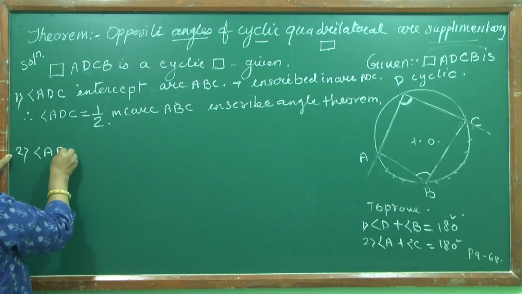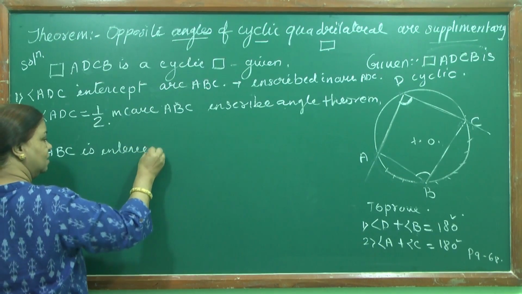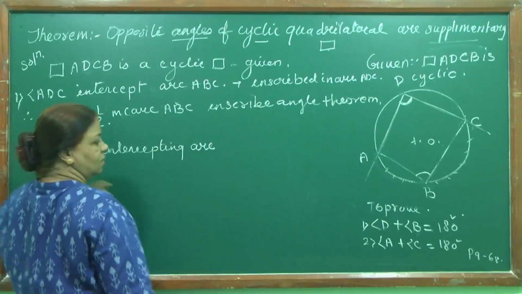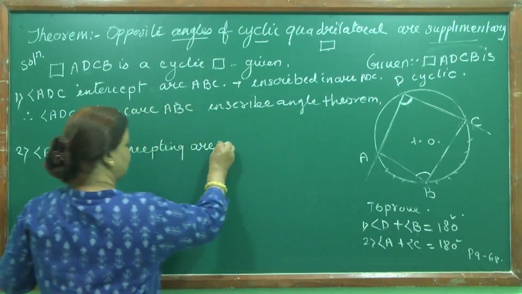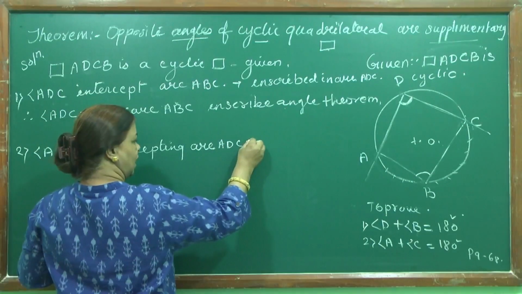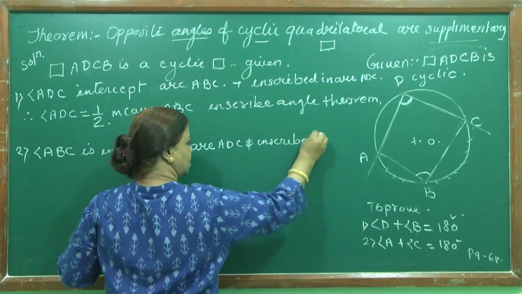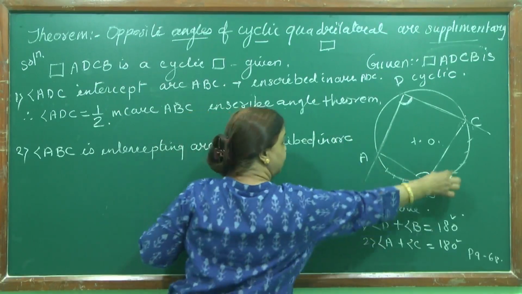Angle ABC is intercepting arc ADC and inscribed in arc ABC.